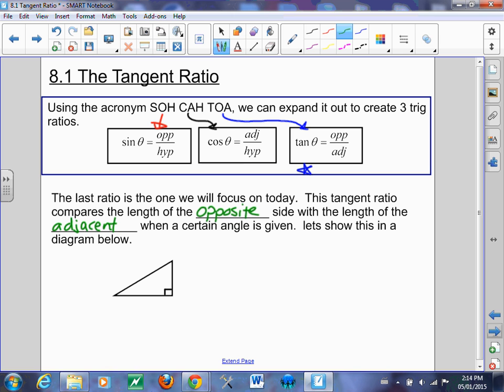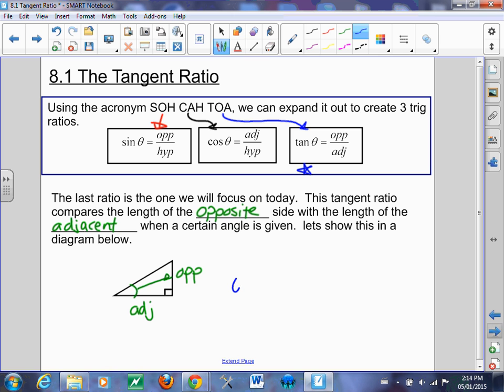So if we're taking a look at my angle of reference at the bottom, the opposite side is going to be across, okay, and the adjacent side is going to be here. Okay, so just think of a ramp to a building, any wheelchair access. If you're snowboarding, skiing, or skateboarding, you build ramps. Sometimes they're curved, but you do build ramps, okay?